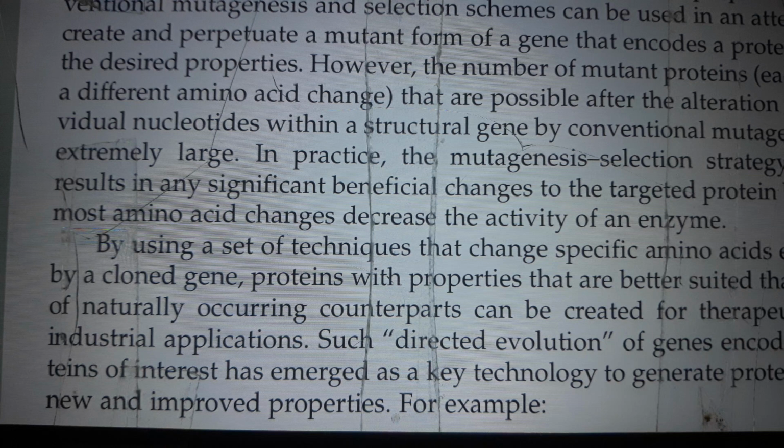However, the number of mutant proteins, each with a different amino acid change, that are possible after the alteration of individual nucleotides within a structural gene by conventional mutagenesis is extremely large. In practice, the mutagenesis selection strategy rarely results in any significant beneficial changes to the targeted protein, because most amino acid changes decrease the activity of an enzyme.